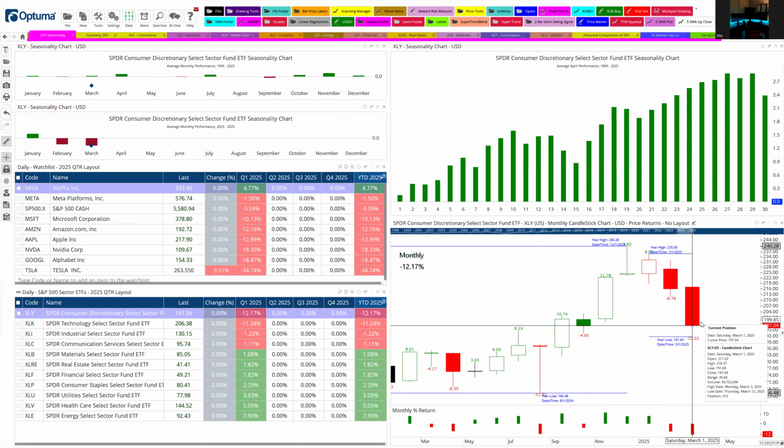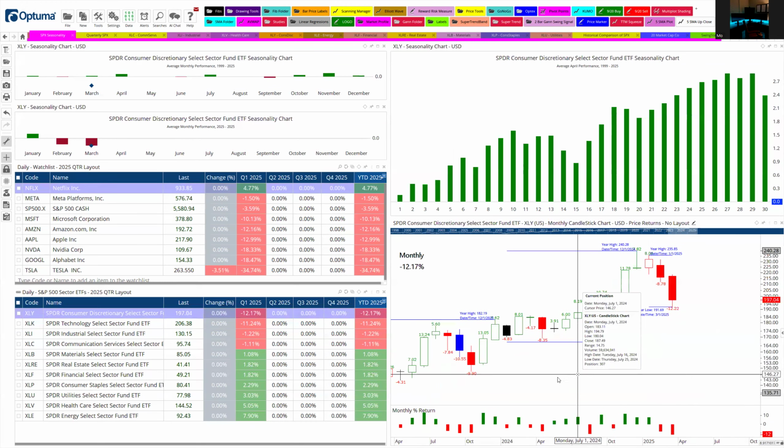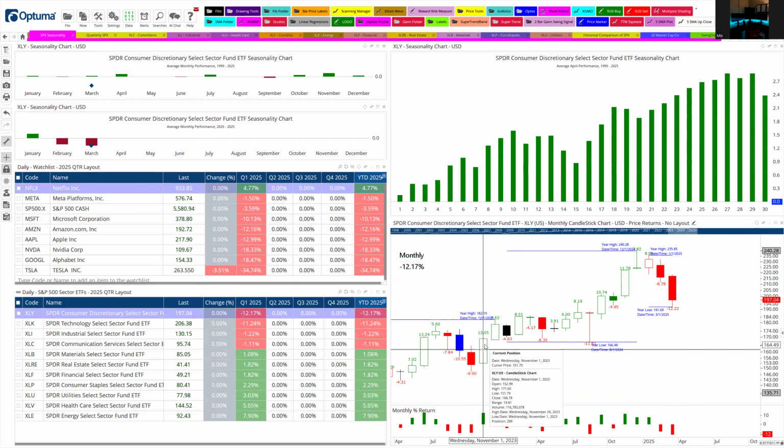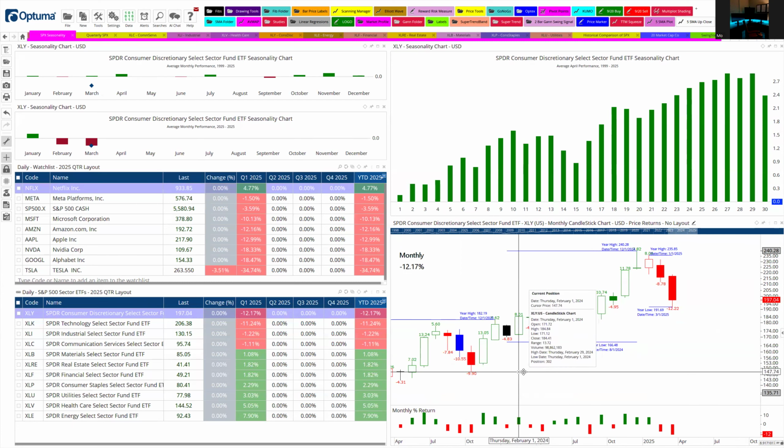Consumer discretionary is down 3 months in a row. Last time it was down 3 months in a row here, it was up 13% to the outside next month. I don't know. Something's going to happen next month.